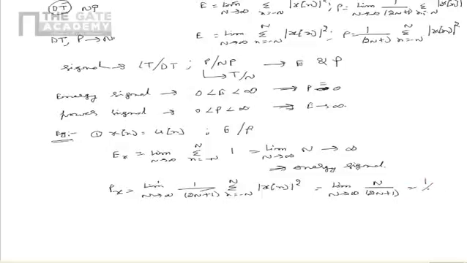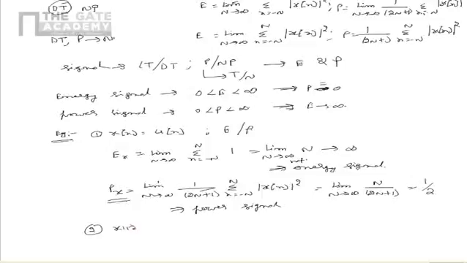So this can be simplified as 1 by 2 as N tends to infinity. So the power of the signal P_x is finite. That implies the signal is power signal. As the energy of the signal is not finite, it is not energy signal, and the given signal is power signal as its power is finite.